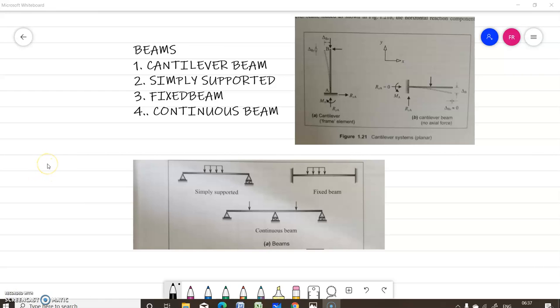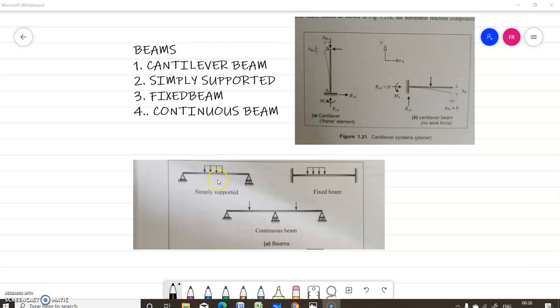Now we'll see what the different types of beams are. The beams can be classified as cantilever beam, simply supported beam, fixed beam, and continuous beam. Cantilever beam means a beam which is fixed at one end and free at the other end.